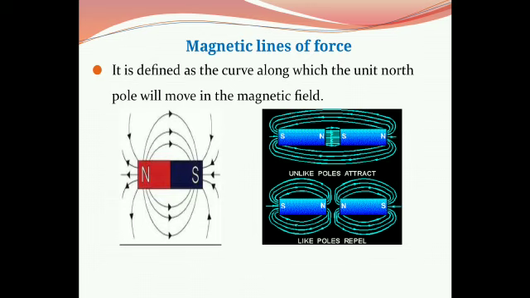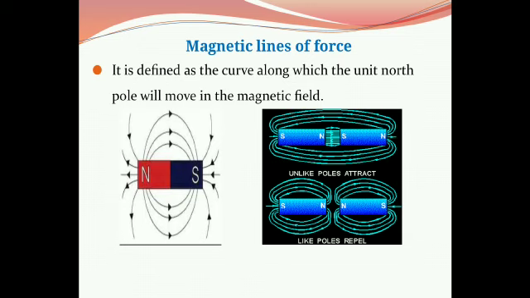Here for magnetic lines of force, first see these two diagrams. On the left hand side only a single magnet is considered, and here there is a line joining these two poles, north and south pole, and these are curved lines, and the arrow shows the direction of the magnetic lines of force.